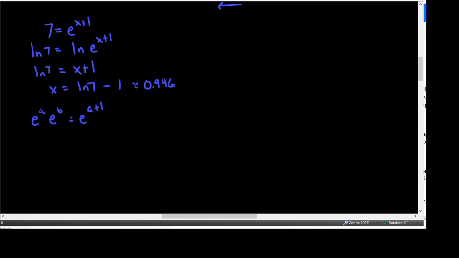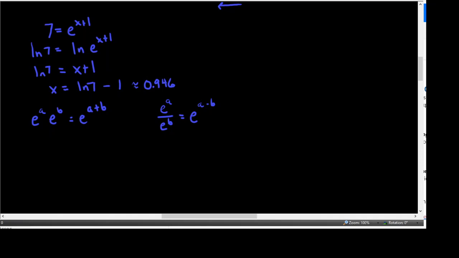That rule doesn't change just because the base is e, the transcendental number e. And for the ratio or quotient of two powers of e, keep the base and subtract the exponents. The good news is stuff that we learned before is still true, and that's comforting.